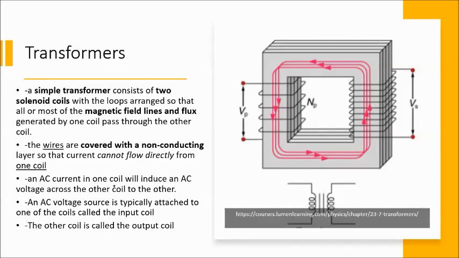An AC current in one coil will induce an AC voltage across the other coil. An AC voltage source is typically attached to one of the coils, called the input coil. The other one is the output coil. So for input we usually have natawag na primary and secondary.